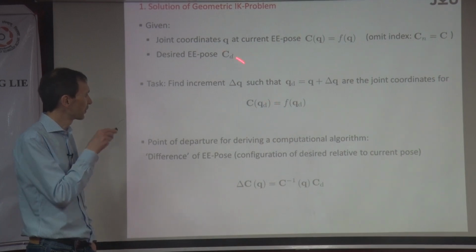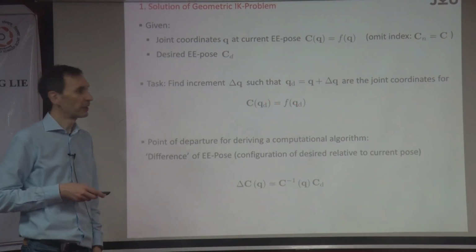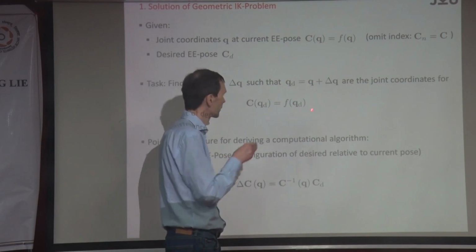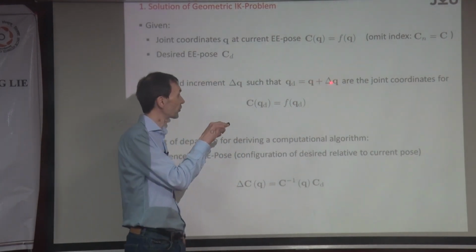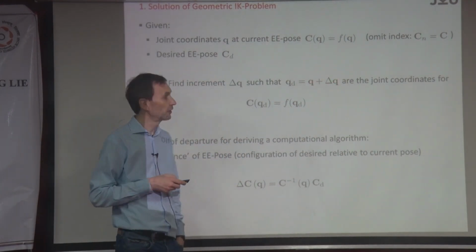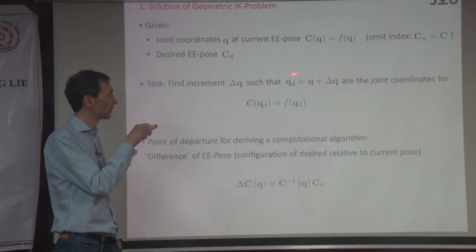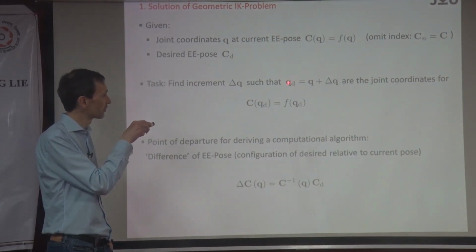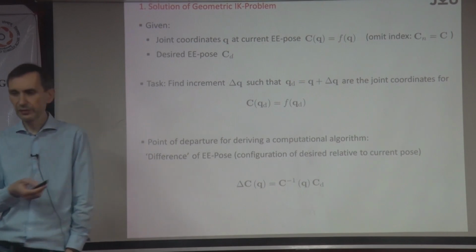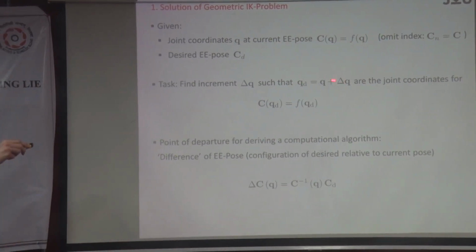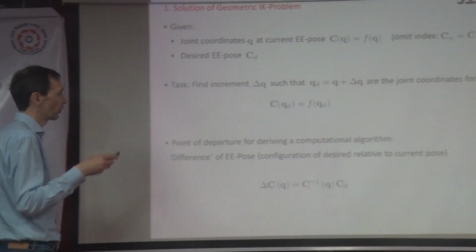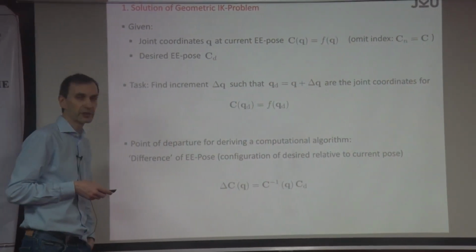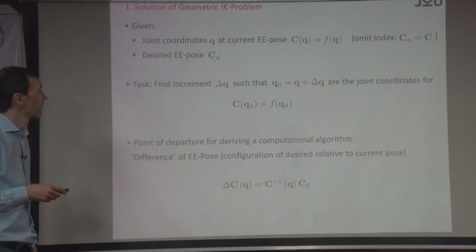By starting somewhere, there must be an offset so that I reach this point. So my yet unknown joint vector, QD, is the one I'm starting from plus some offset. Now the thing is how to find the offset. This is the big question.